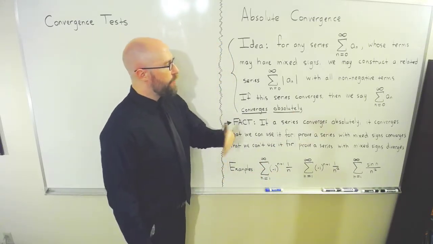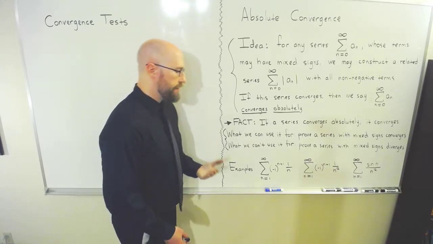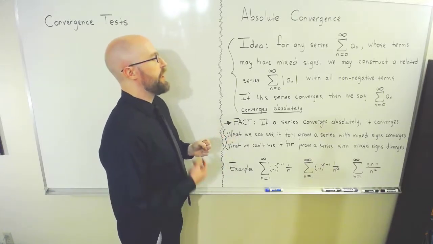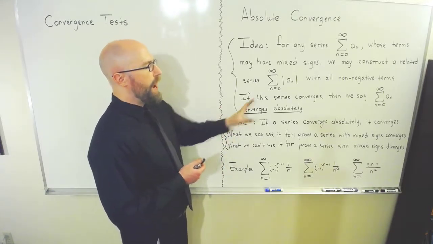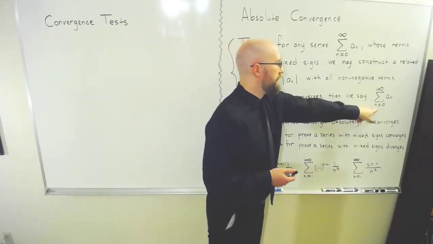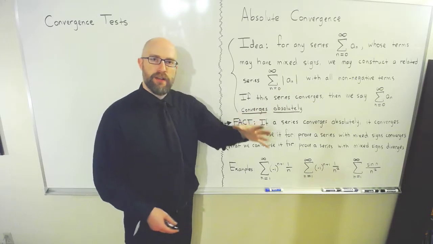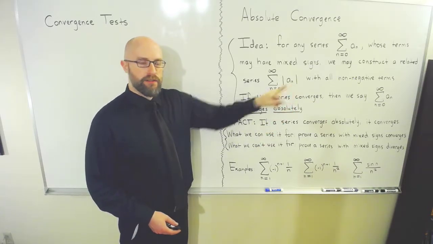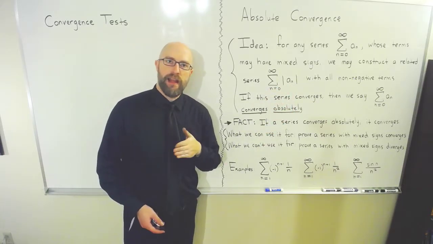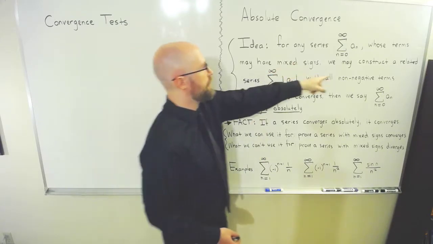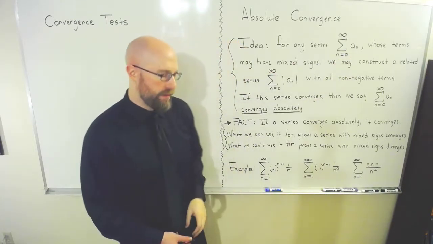Now, what's the intuition behind this? Why couldn't I show that the original series diverges using this test? Well, it's because I'm making it bigger, in a sense, by taking these absolute values, because I'm eliminating any cancellation behavior that might occur among the terms in this series.